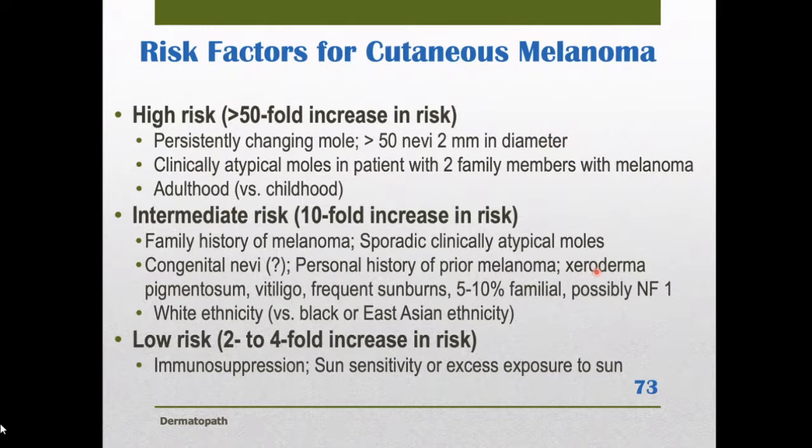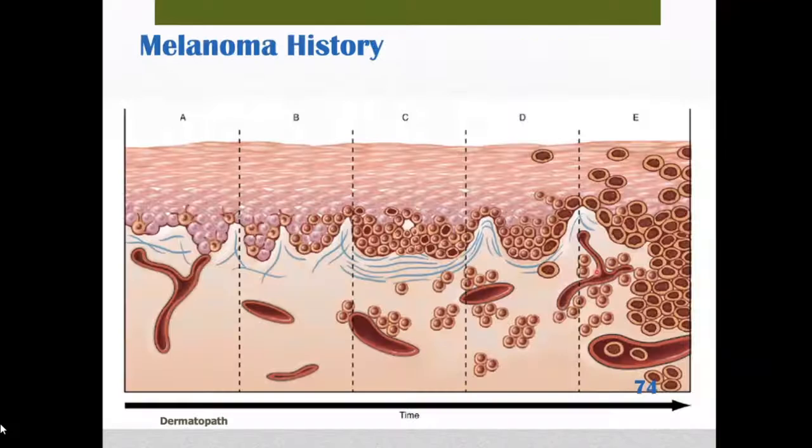So 5 to 10% of the cases are familial, possibly with a mutation, including those with neurofibromatosis 1 mutation, which may also have been a predisposing factor to melanoma. White ethnicity, I have mentioned it before. So low risk factors are immunosuppression, sun sensitivity, or excess exposure to the sun. So melanoma history, what happens?